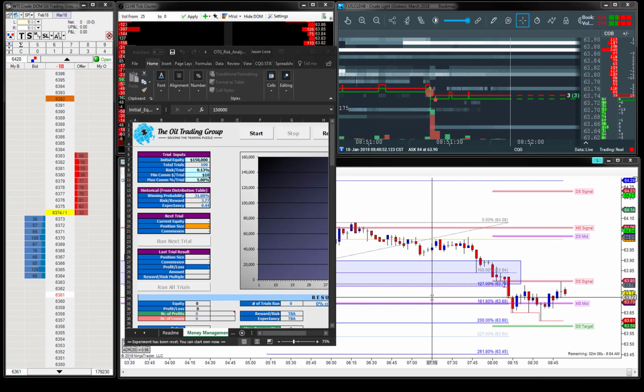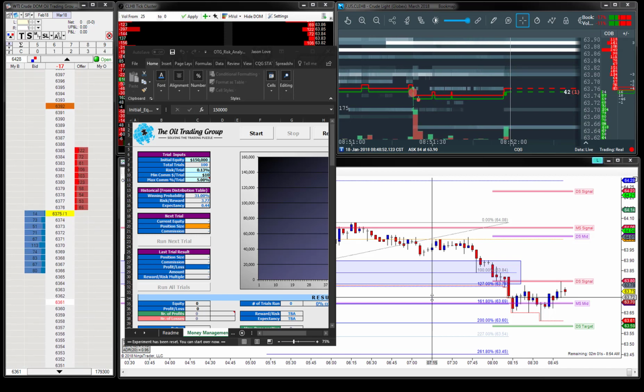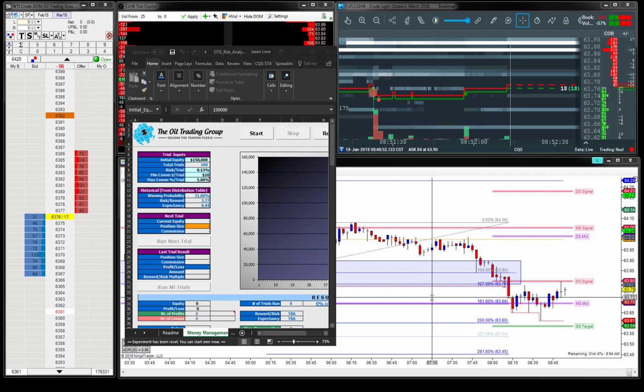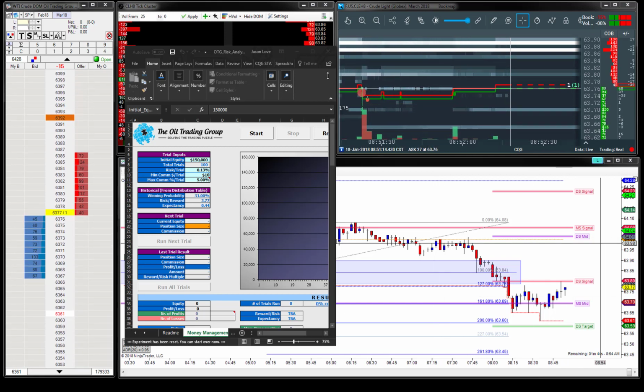That's a concept that is going to be tough for a lot of people to get their heads wrapped around. But at the end of the day, if you're risking 300 to make 160, I want you to flip that. I want you to risk 160 to make 320 or 480, or keep going like that. That is what I would like to see you do.